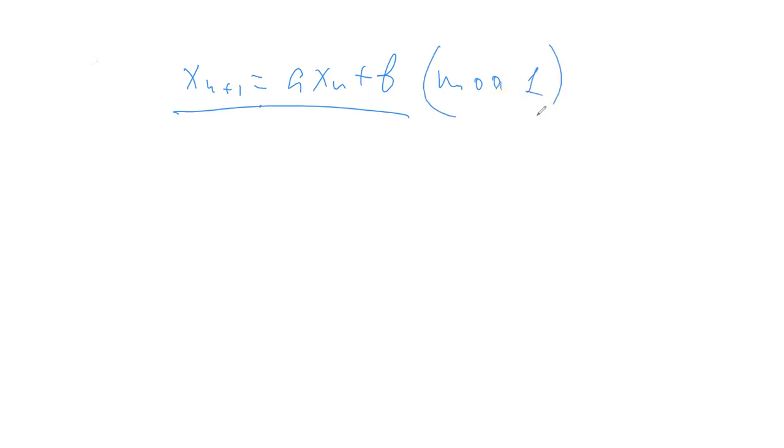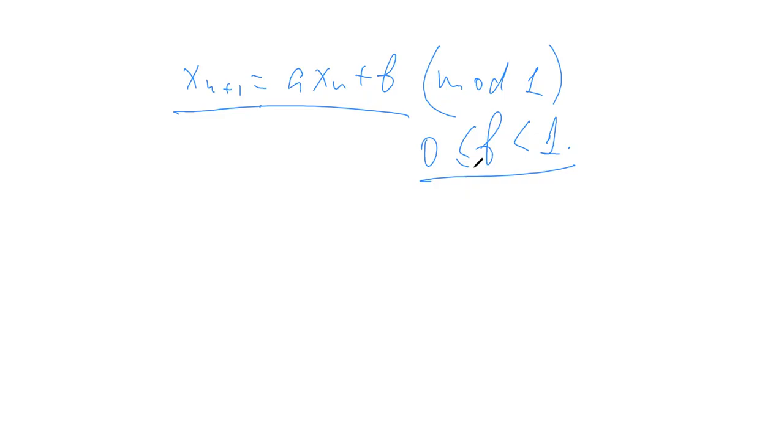xn plus 1 equals a xn plus b. So this is in mod 1, between 0 and 1, everything. What I said there is that b should be between 0 and 1, because if b is more than 1, you need to subtract the integer 1, so it can be 0.